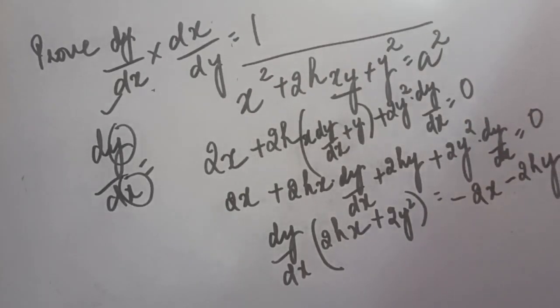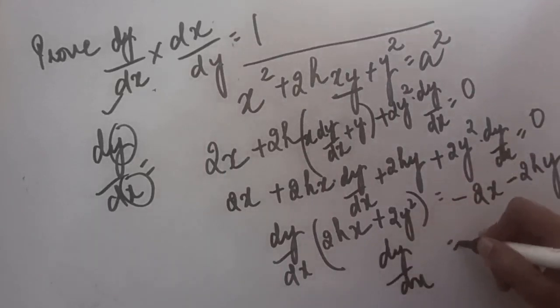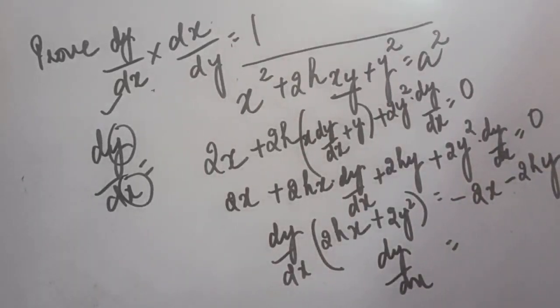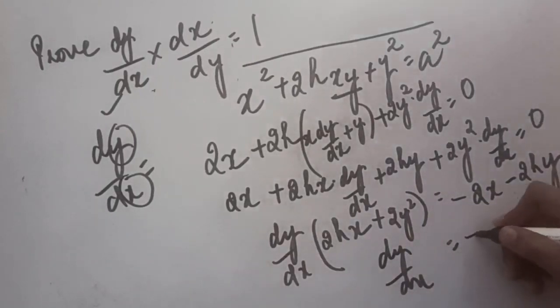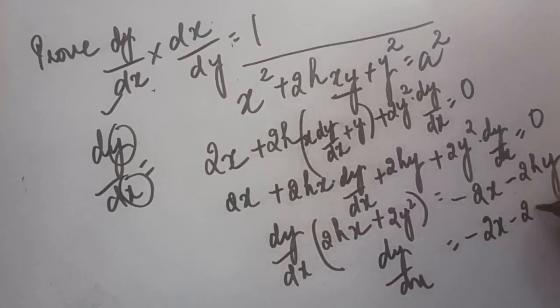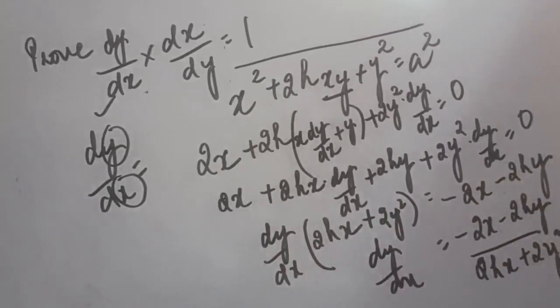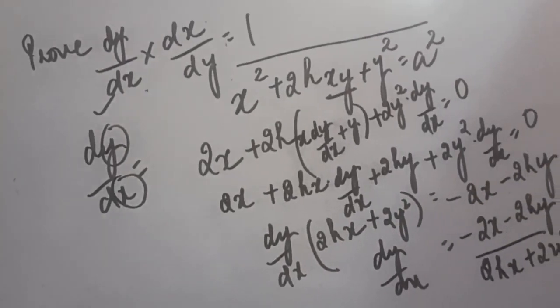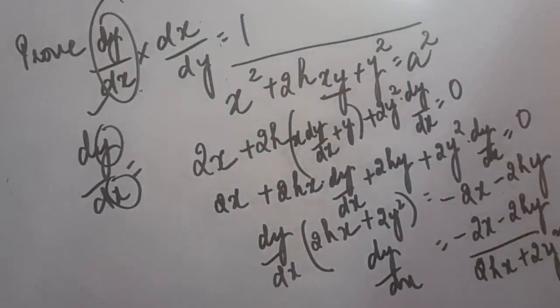So finally dy upon dx, taking minus common, is minus 2x minus 2hy divided by 2hx plus 2y square. So we have reached the first answer, dy upon dx has been calculated.